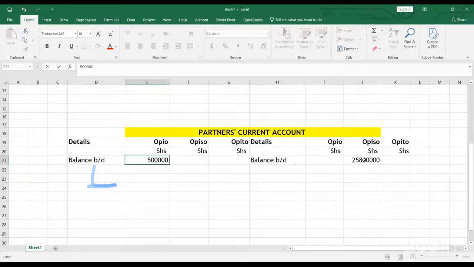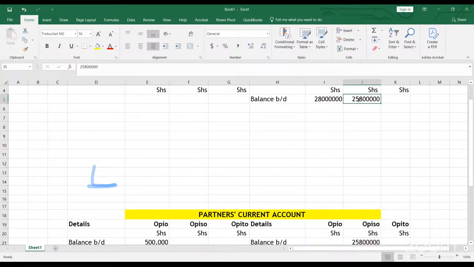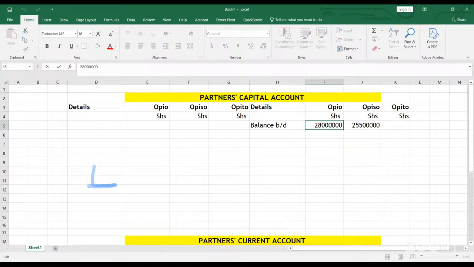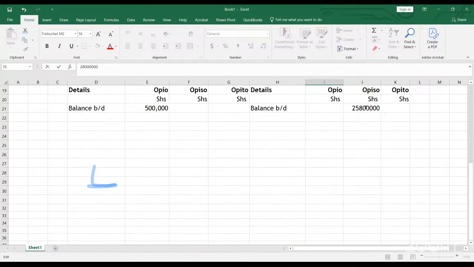The other figure for Opiso is 25,500. Not 25,800? Yes. Okay. Opito's current account is how much? That's 4,200,000. Okay, 4,250,000.